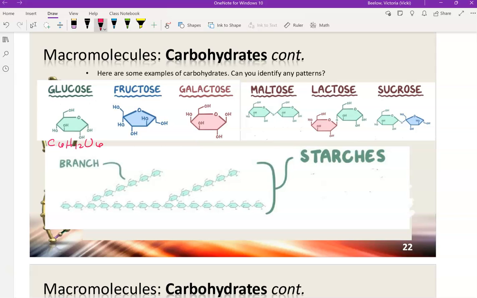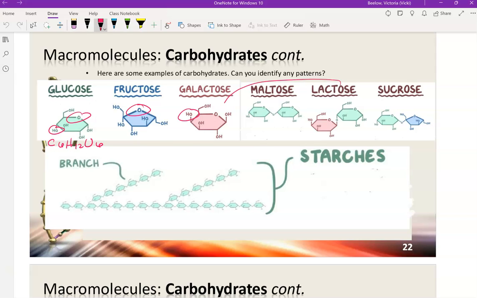It's just that they are arranged slightly differently three-dimensionally. You can see the difference here in the galactose, and in the glucose where that oxygen is different.